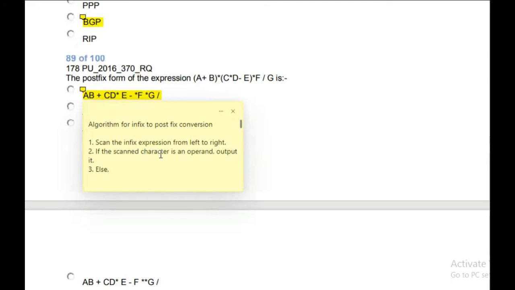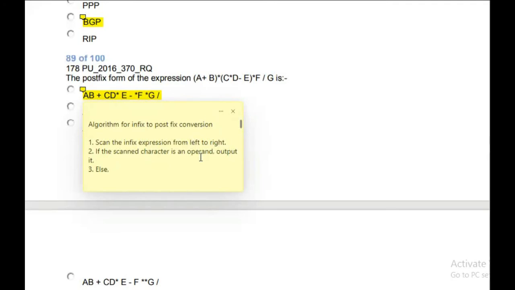Scan the infix expression from left to right. If the scanned character is an operand, output it. A, B, C, D are operands, and plus, division, minus, multiplication are operators.